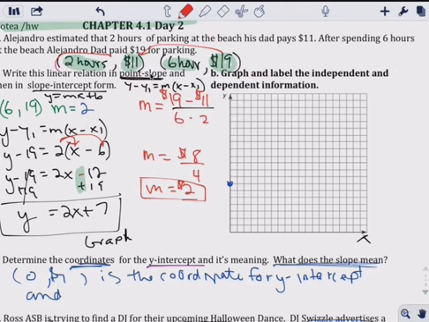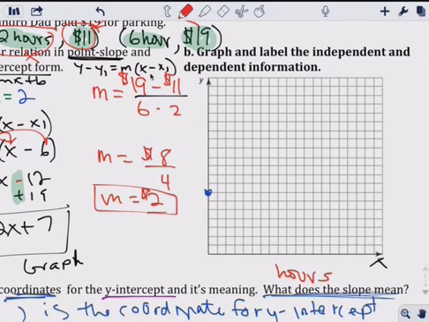And the y is dollars, the total cost of parking. So this is the cost of parking.